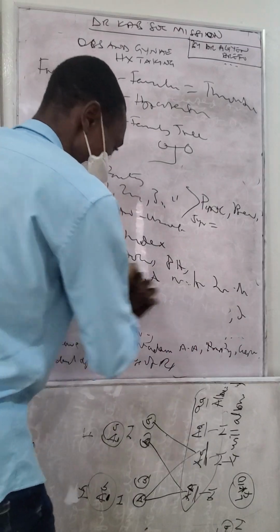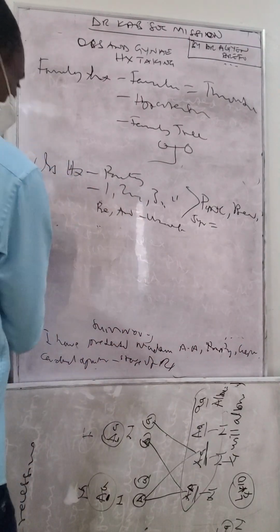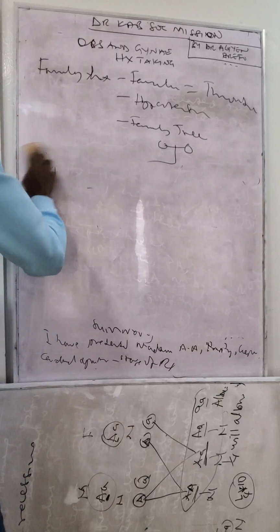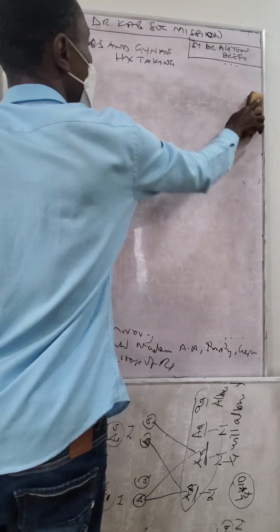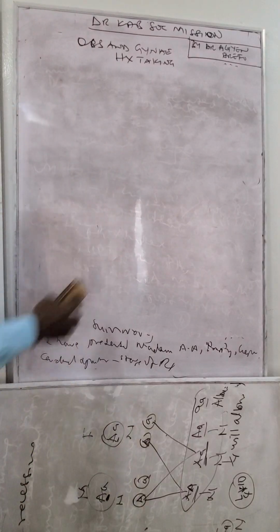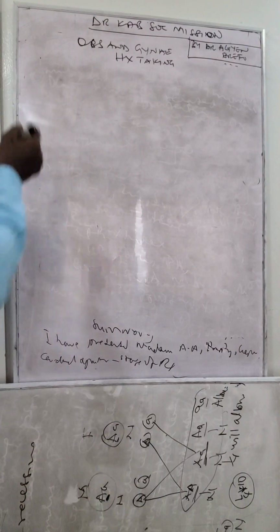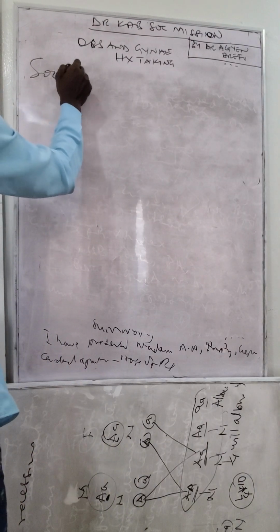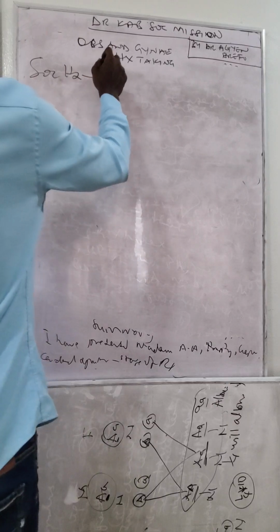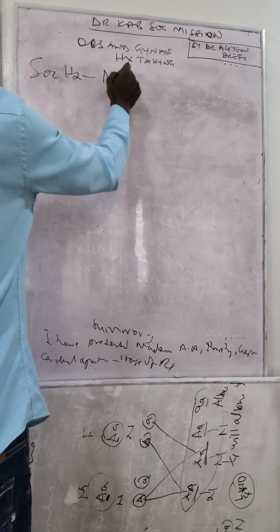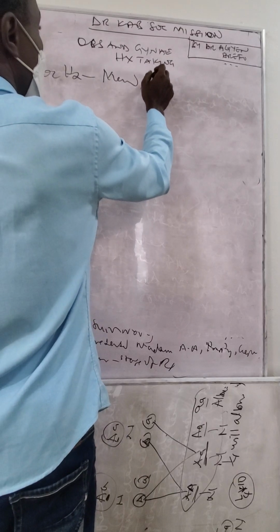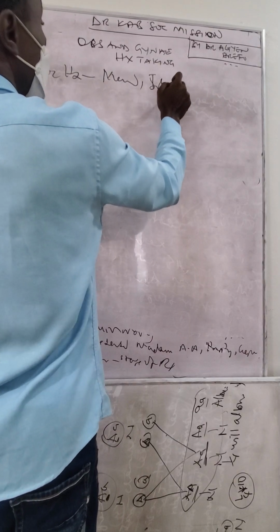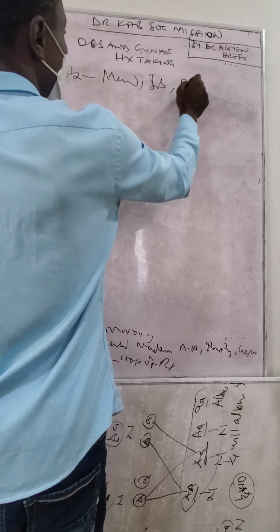Then we come to your social history. So here you are looking at, is the person married? The person's job, how much he earns.